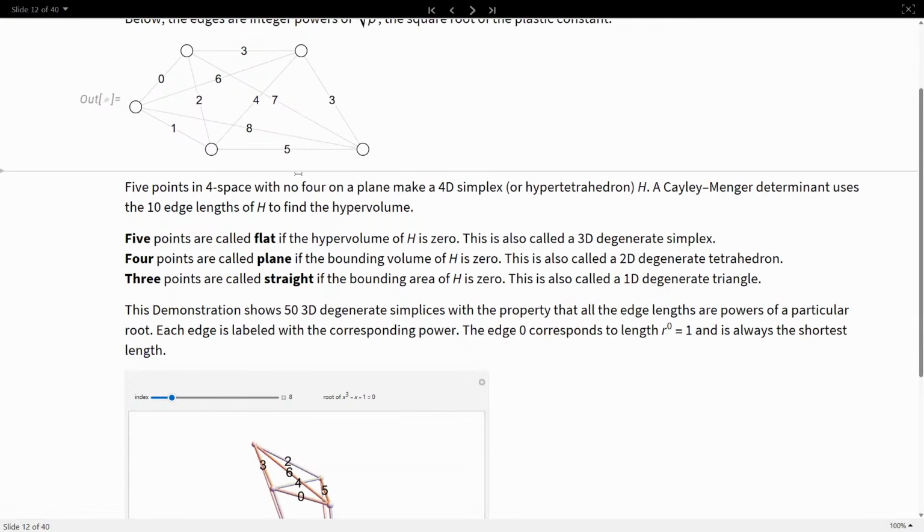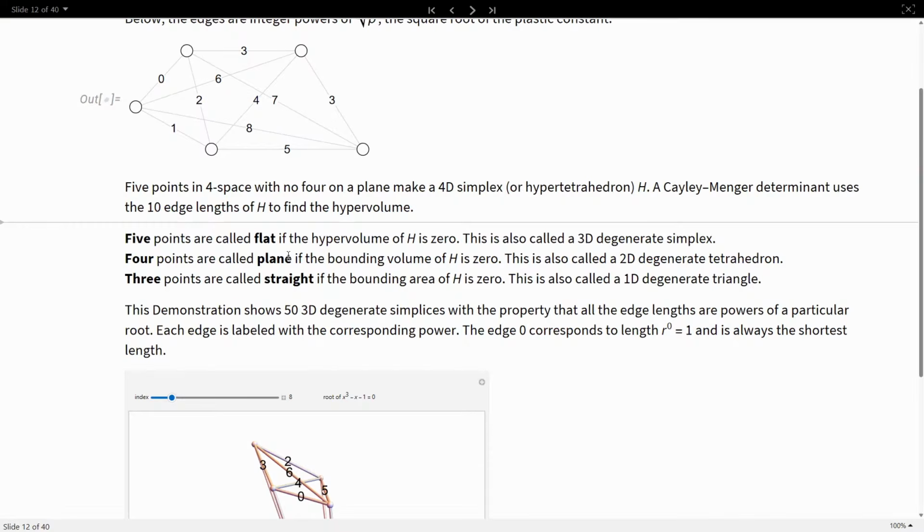So what a simplex is called when it exists in lower dimensions is something rather odd. 5 points are called flat if the hypervolume of the simplex is 0. This is also called a 3D degenerate simplex.